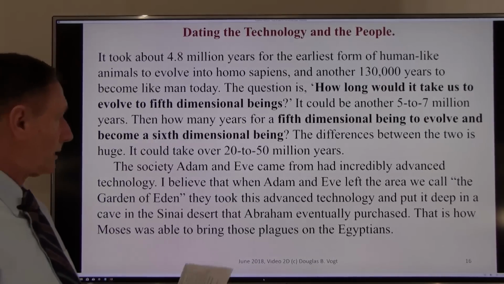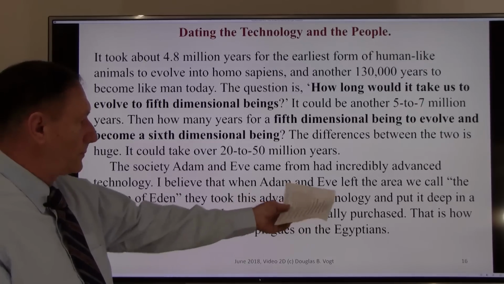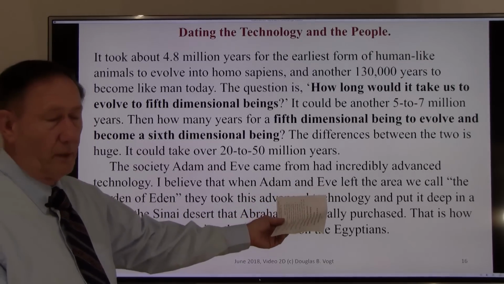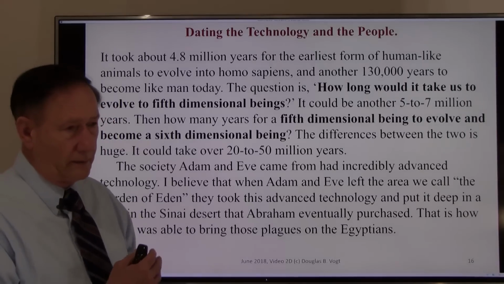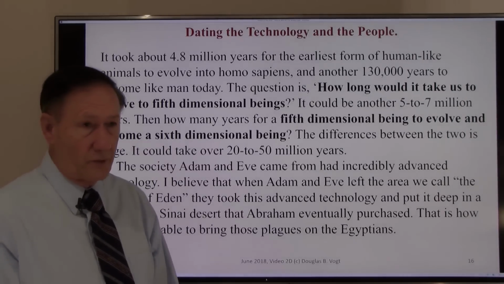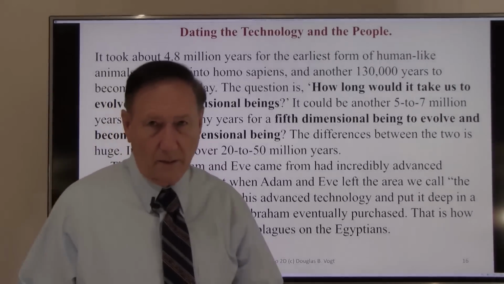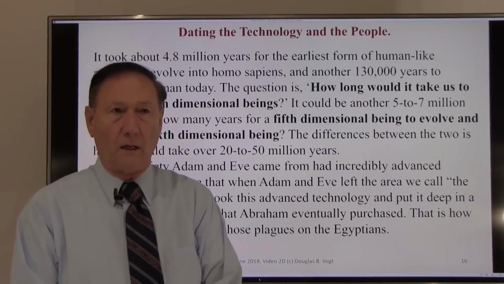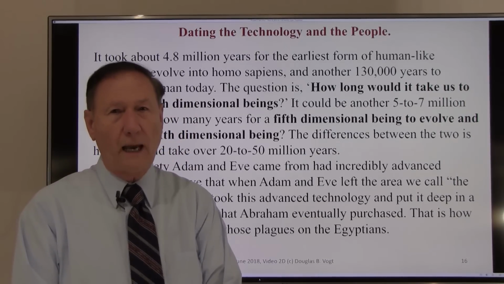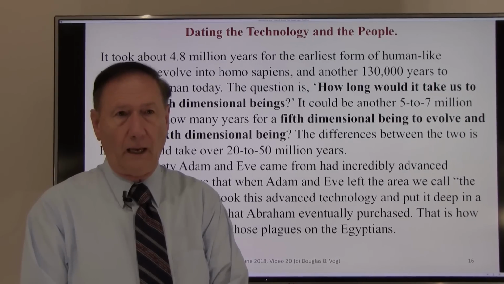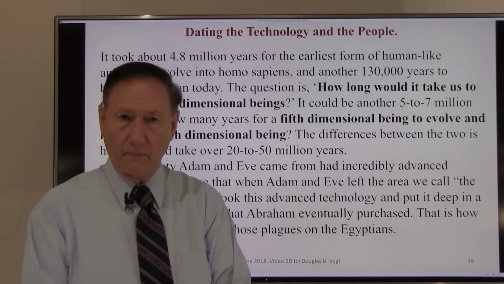The society, obviously, that Adam and Eve came from. This just represents a society, but maybe it does represent two people. Now, I'll tell you one thing regarding dear sweet Eve getting blamed for the first sin. The Catholic Church likes to do that. Six-dimensional beings do not make mistakes like that. They knew exactly what they were doing. And there was a reason why they did it.